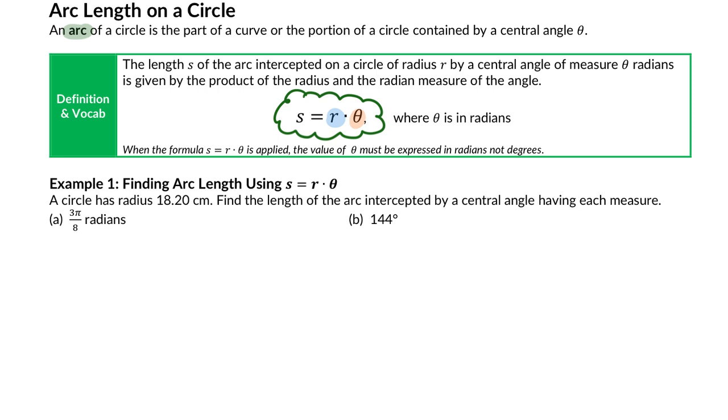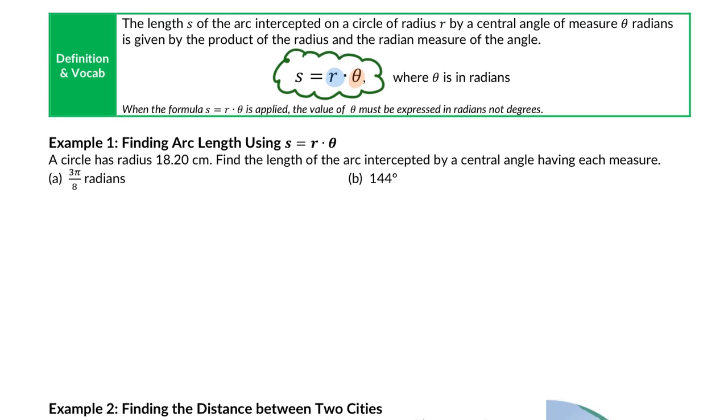A circle has a radius of 18.2 centimeters. Find the length of the arc intercepted by a central angle having each measure. If we're doing this, 3 pi over 8 radians is exactly how we want it, because then we have the radius of the circle and we have the theta in radians.